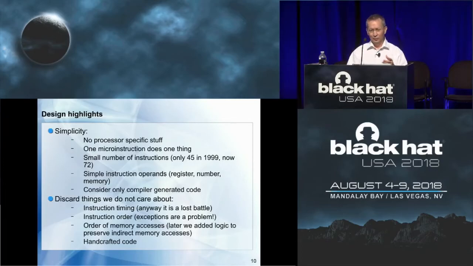In fact, what is good with the microcode is that it really can handle real-world programs. Initially, we started with simple instruction operands: registers, constants, and memory. By memory, I mean the global variables and stack variables. And I decided that we consider only compiler-generated code, because when you talk about handcrafted assembler code, anything can happen.